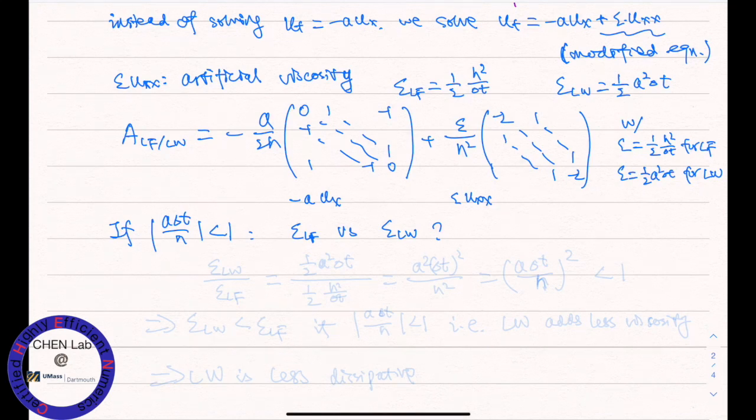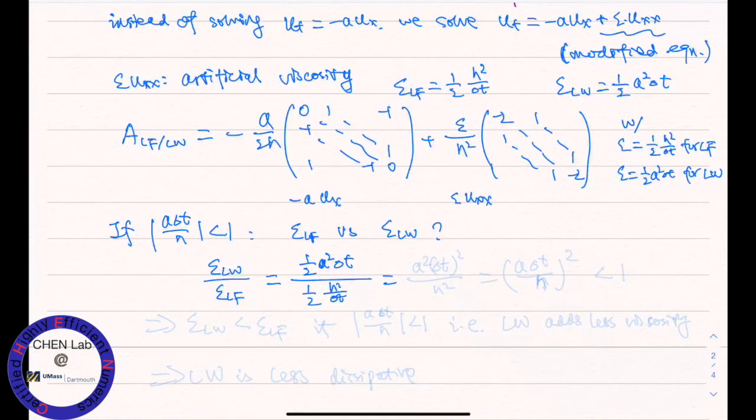To figure that out, we divide epsilon Lax-Wendroff by epsilon Lax-Friedrichs, which is 1/2 a squared delta t divided by 1/2 h squared over delta t.